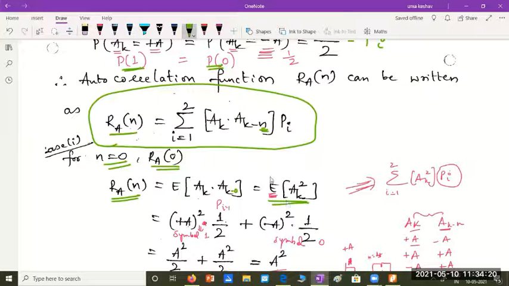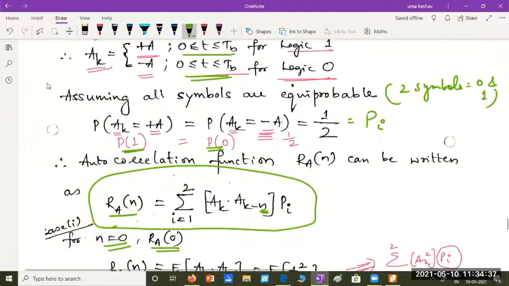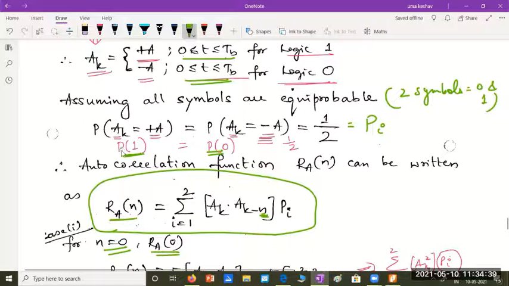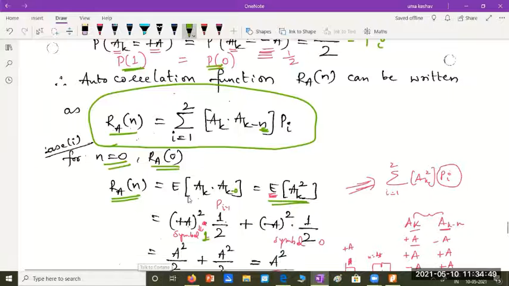So if I have to find the mean, it's always a summation in the range 1 to 2, ak square Pi. Remember, if the binary symbol is a 1, then the amplitude ak would be plus A. For binary representation of 1, logic 1, the amplitude ak will take the value plus A. That's why I am considering symbol 1, plus A would be the amplitude.